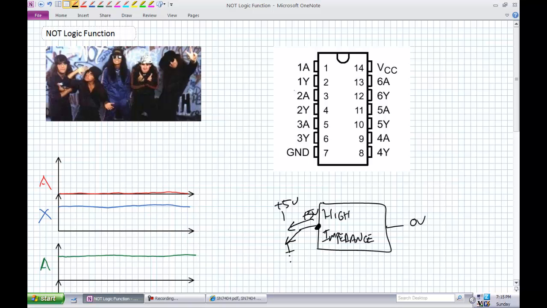Plus 5 volts on this end of a low resistance wire, ground on this end of a low resistance wire. What is the current? Probably enough to cause some problems right there. 5 volts on one end, 0 volts on the other. Just another example of that.